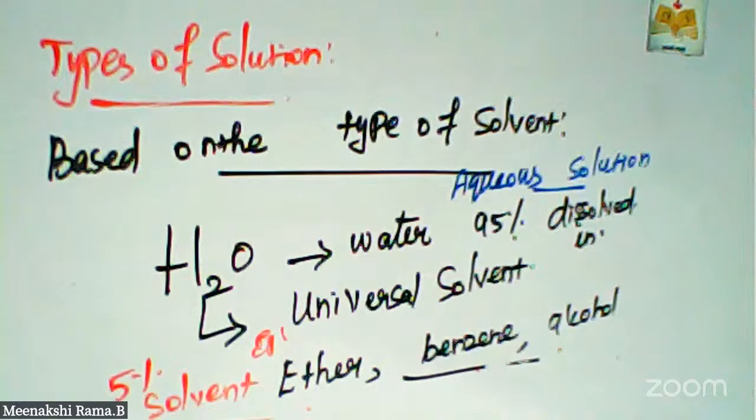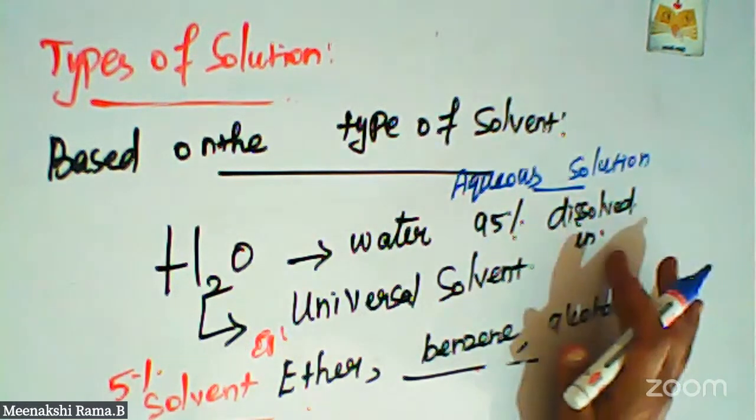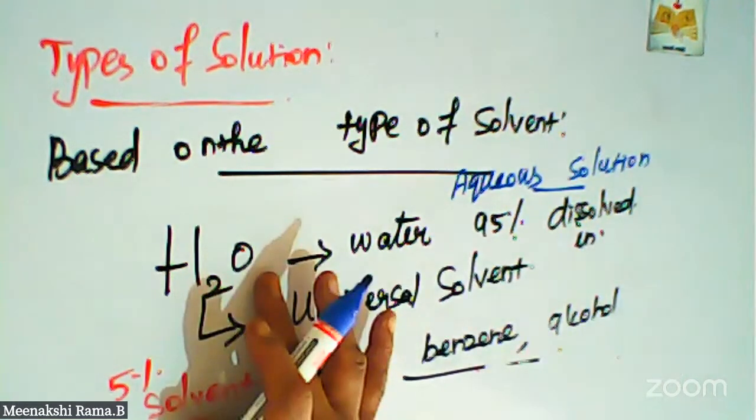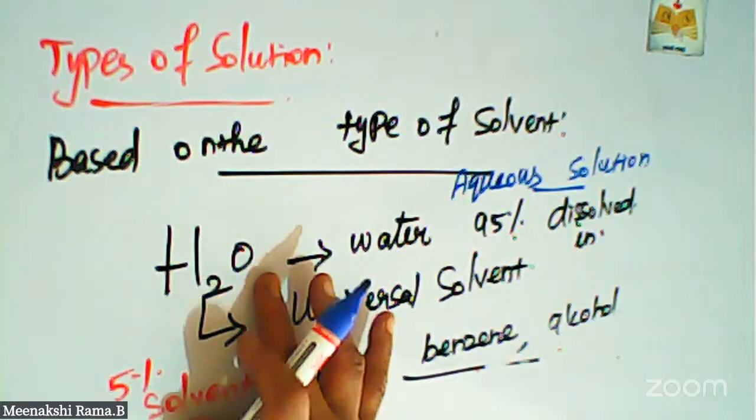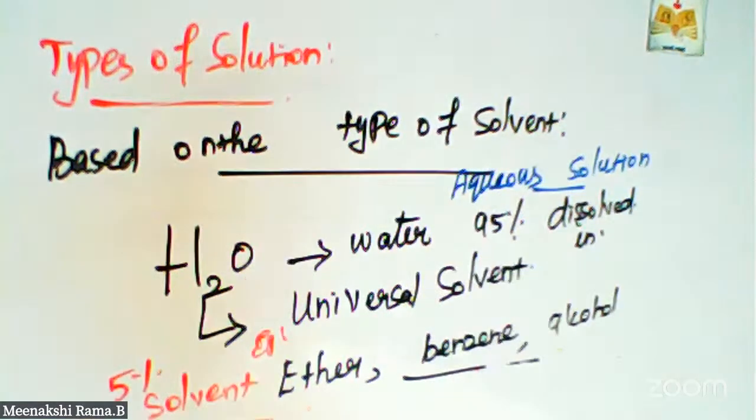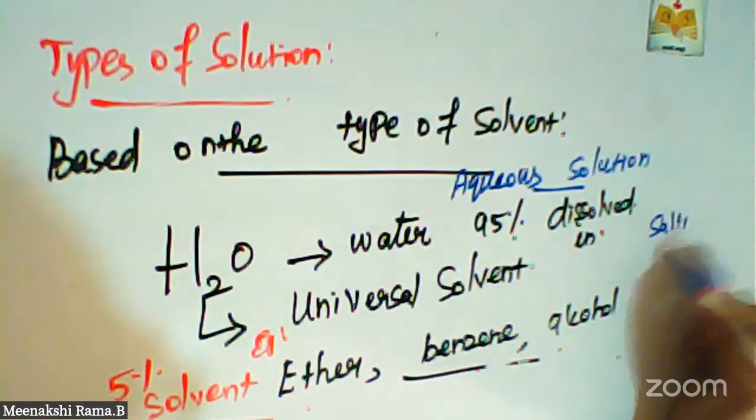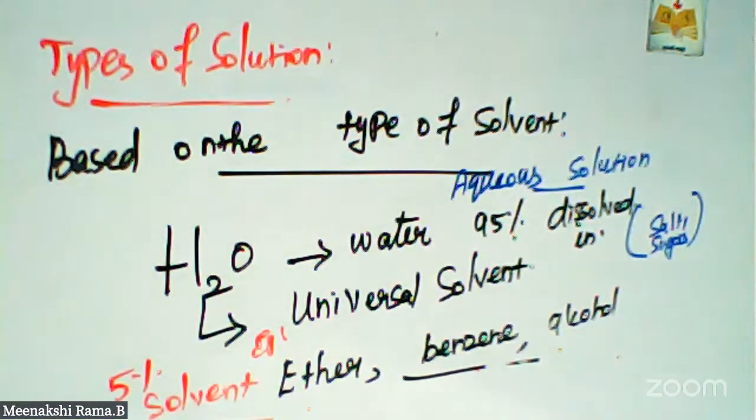So when materials are dissolved in water, that kind of solution is called aqueous solution. Aqueous solution means water acts as the solvent. Salt and sugar are completely dissolved in water, so this is called aqueous solution.